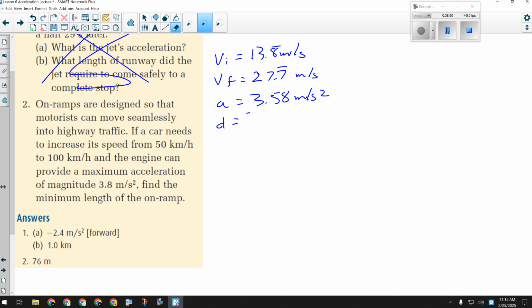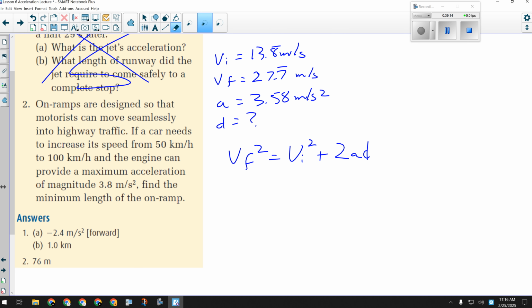So we are looking for D. All right, so obviously this is the formula we're going to have to use. And we got to manipulate for D. So what's the first thing I should move? What's not attached to D? VI.